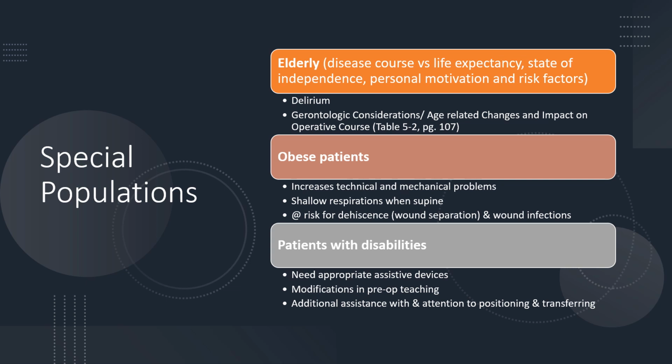So that puts a lot of stress on the heart, and your obese patients are also more at risk for infections due to this. Also, another complication is wound separation, dehiscence. I think I said that right. So if they've had a surgical incision, it could separate just because of the more pressure from them being so obese. So yeah, those are some considerations for these populations.